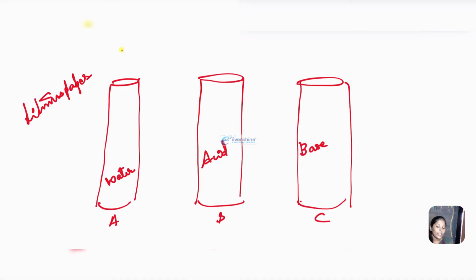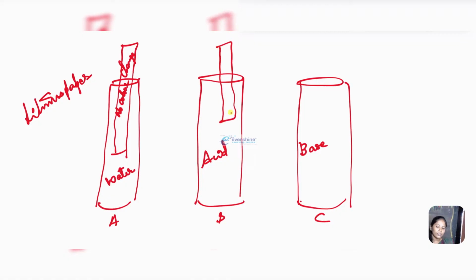Yeah, you can keep the litmus paper in water. Does it change? No, it will show no color change. If there is no color change, it means it is neither acid nor a base. Then take blue litmus paper and keep it in acid.